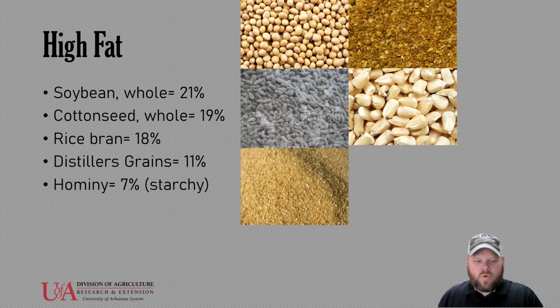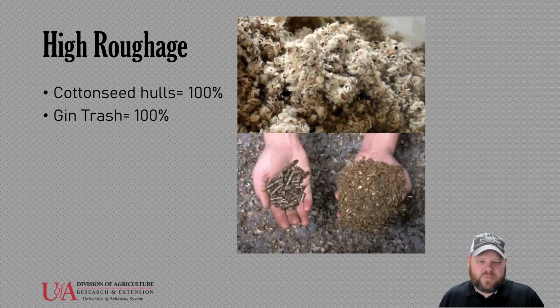So let's just kind of worry about that. Also, with hominy, we have to worry about too much starch. So this really doesn't need to be the main part of the diet. There were other things in crude proteins and in a lower energy source that we could use, but we really don't need to make these a big part of the ration. We need to kind of watch these a little bit.